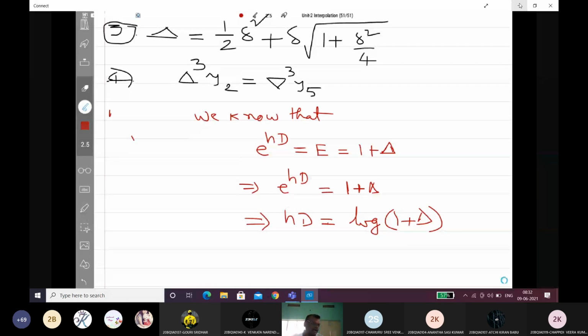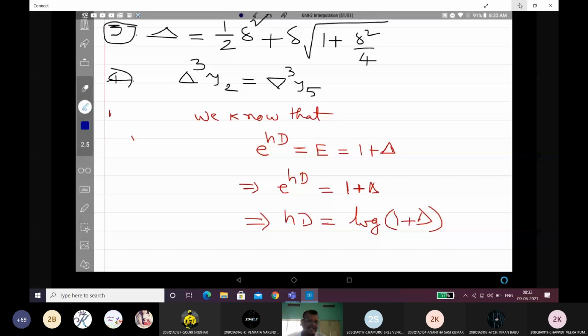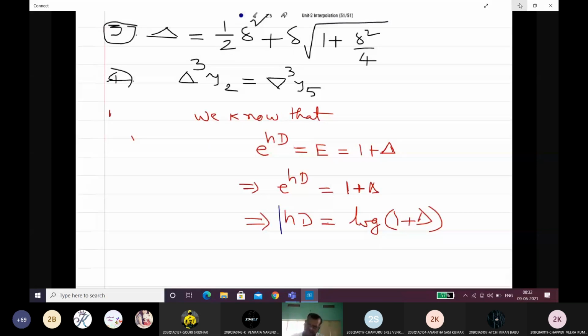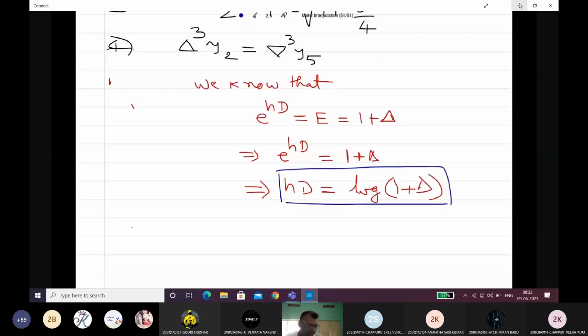And the second one, minus log of 1 minus delta. Now, e power hd is equal to e. Okay, now hd is equal to log e.